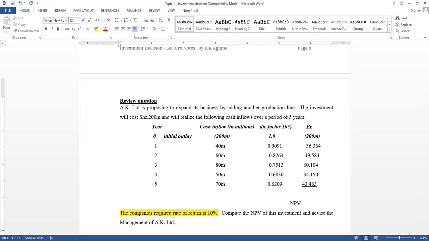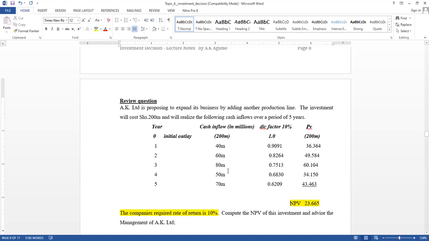The NPV is 23.665. Positive or negative? Positive 23.665. That is my NPV.